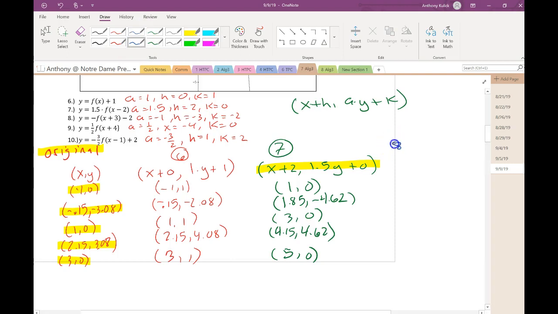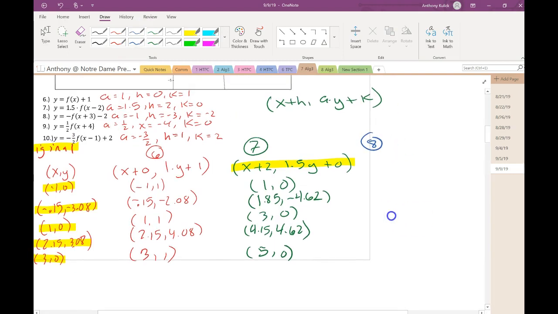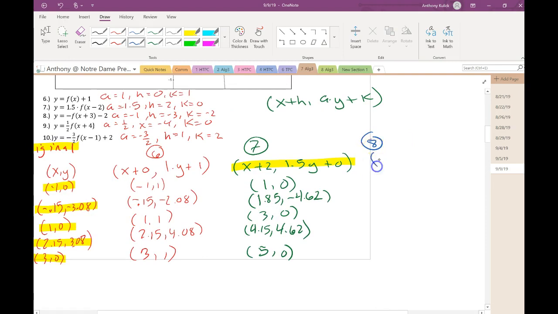So if I do 8 then, so here my h is negative 3, my a is negative 1, and my k is negative 2. So if I go ahead and I plug negative 1, 0 in for x and y, I get negative 4, negative 2.